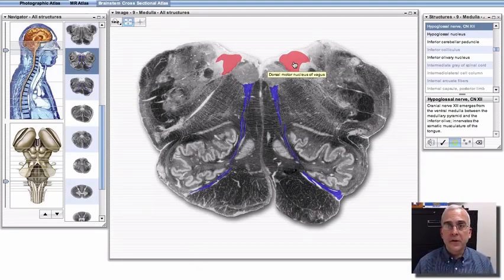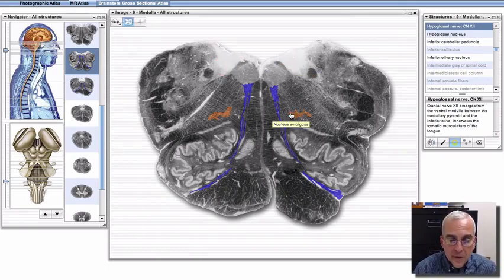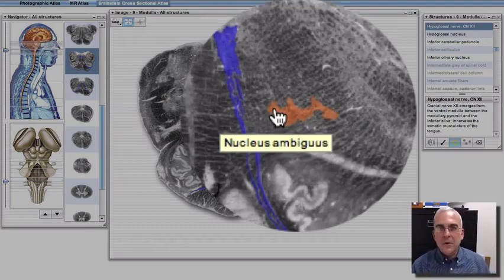Also contributing to that vagus nerve are parasympathetic neurons that are involved with inhibiting the rate of contraction of the heart and the contractility of the ventricle. Those parasympathetic visceral motor neurons come from this obscure, hard to see, ambiguous nucleus in the medulla called the nucleus ambiguus.